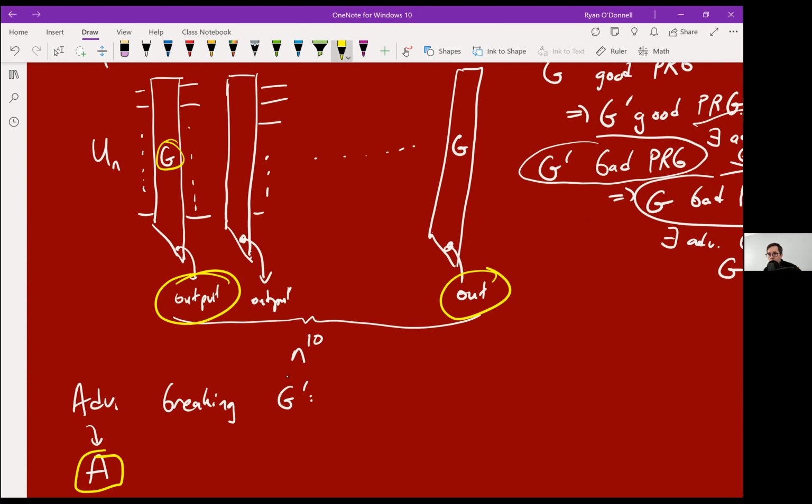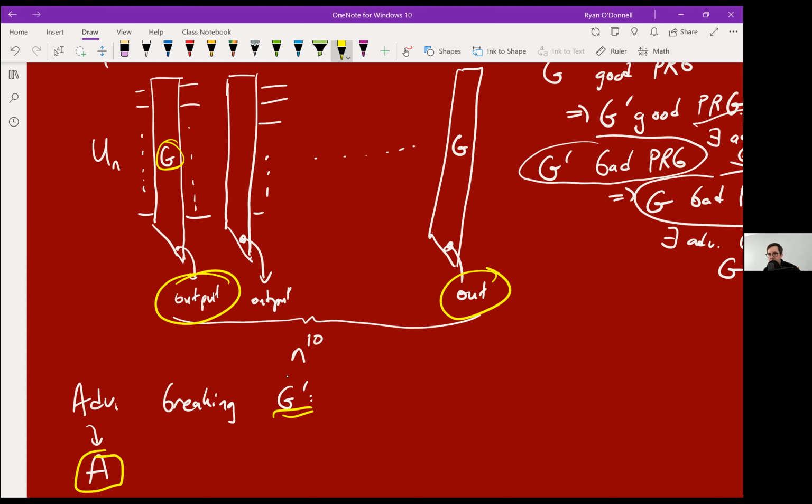That would be a way in which G prime would be broken. If the first bit of these n to the 10 bits was always equal to the last bit, you'd be like, this is not a uniform distribution. That's only supposed to happen 50% of the time, and it's happening 100% of the time.